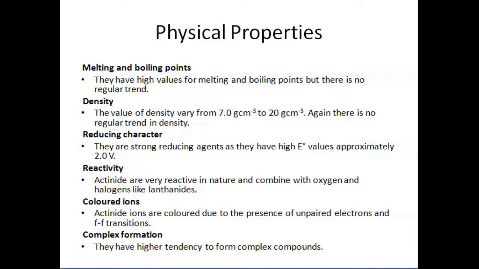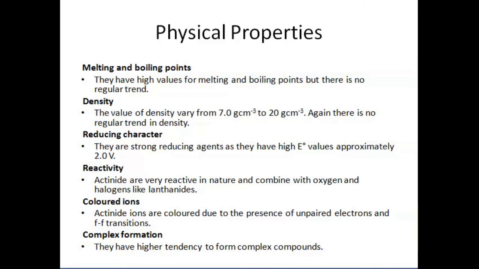When we talk about the reducing character, they are strong reducing agents, as they will have ionization values approximately 2 volt. When we talk in terms of reactivity, actinides are very reactive in nature, and they will combine with oxygen and halogens just like the lanthanides.